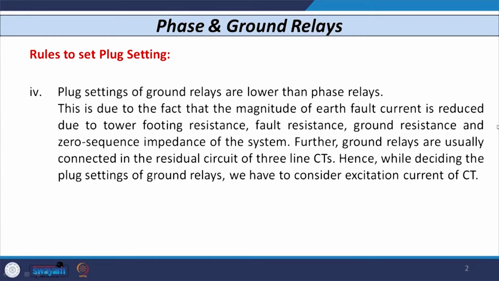If I consider further the other involvement of resistance, that also contains the zero sequence impedance of the system, since the fault is asymmetrical in nature. So, that is why the magnitude of earth fault current is always lower than the magnitude of fault current in case of phase to phase fault.